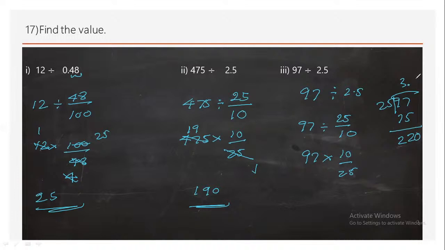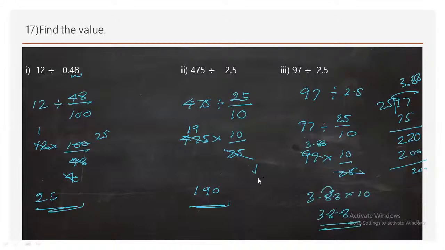How many 25s are there? 8. 8 times 25, 200. Again 200, 8. 3.88. Then 3.88 into 10. So what is the answer? 1 decimal place, moving towards the right-hand side. 38.8 is the answer. Write this down. If you want, write down, you can complete.